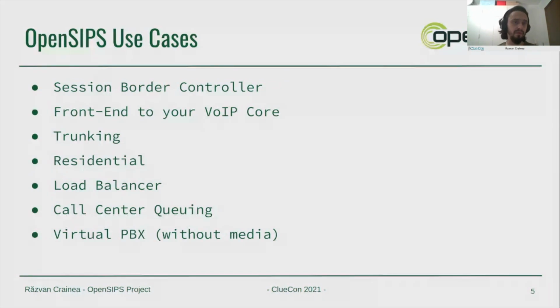So if you need a virtual PBX that also has media services, you'll have to use in addition FreeSwitch or something like that that can offer media services such as voicemail and stuff like that. However, for signaling scenarios, OpenSIPS is perfect as a virtual PBX.